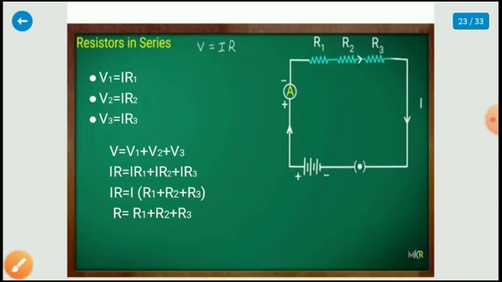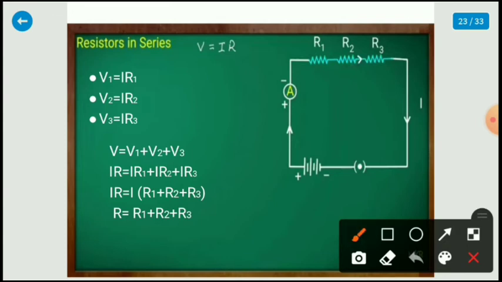Here V1 is equal to IR1, V2 is equal to IR2, using Ohm's law, that is V is equal to IR, and then V3 is equal to IR3.